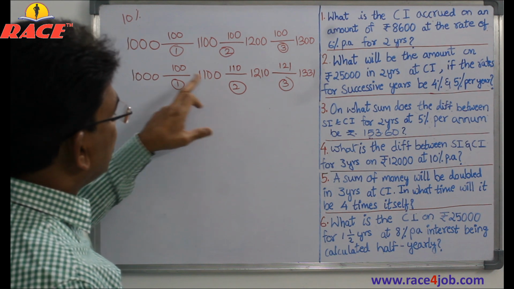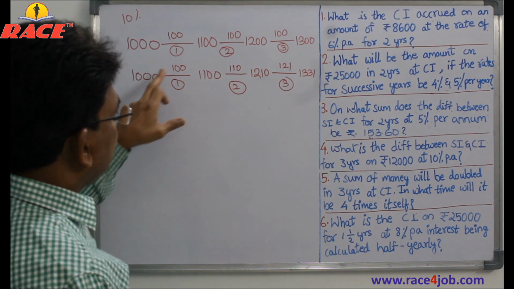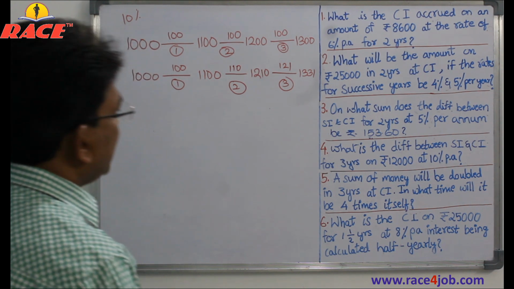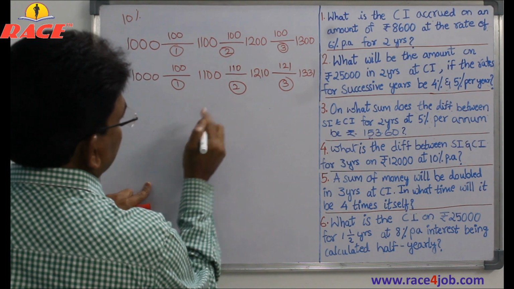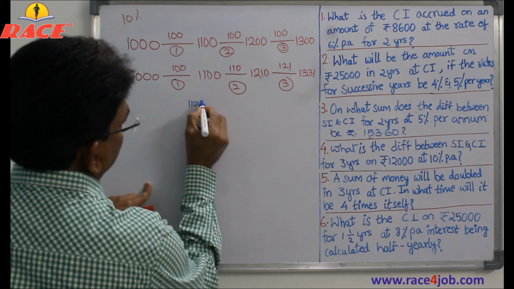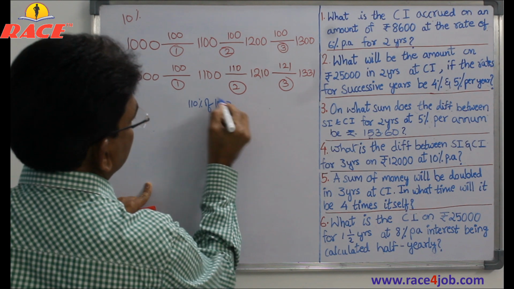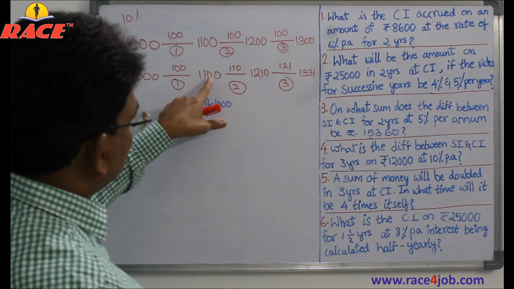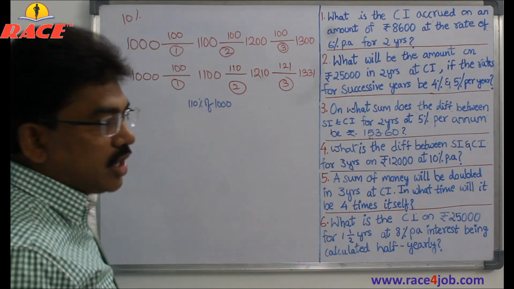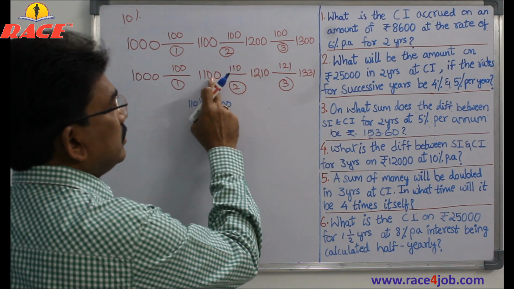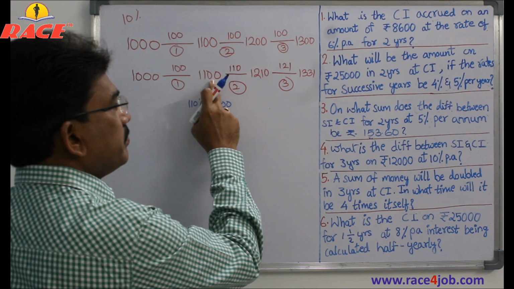So this amount is nothing but 100% principal plus 10% of principal. So this is nothing but 110% of principal, that is 110% of 1000. Now come here. Second year, we are calculating interest on 1100. Now 1100 has become principal.